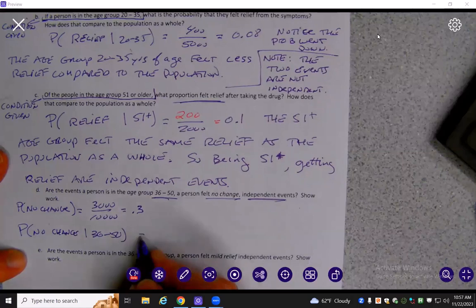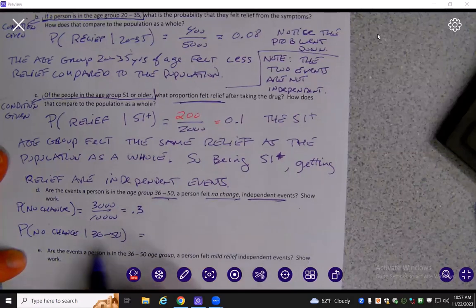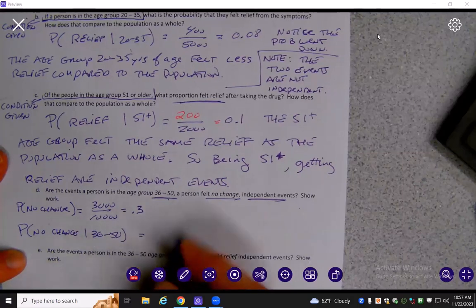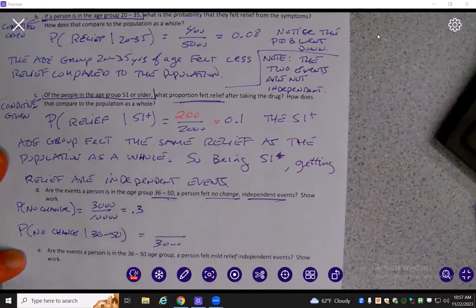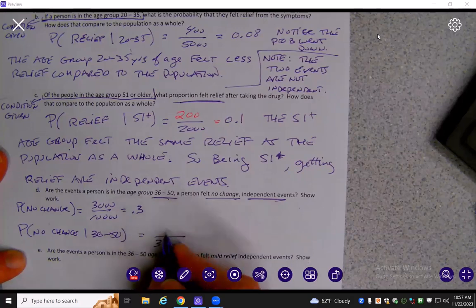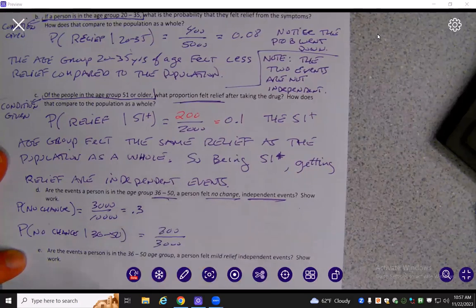So given that you're 36 to 50, what's the chance of no change? When I look at the table, there's only 3,000 in that group, and 800 have no change.